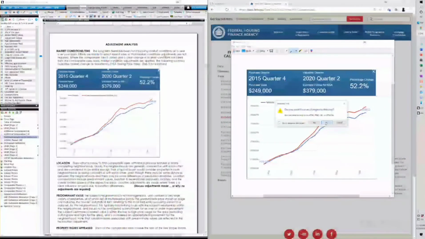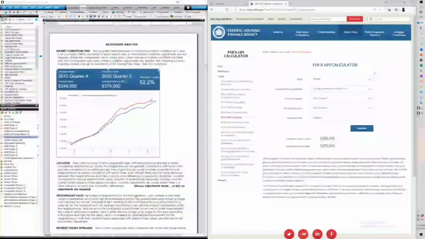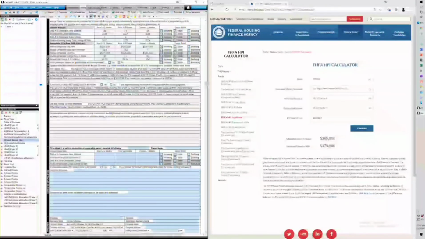Now, one of the things that you need to keep in mind is that this is not replacing what you might be doing in a 1004 MC, where I'm coming in and trying to model property that is specific to a subject.